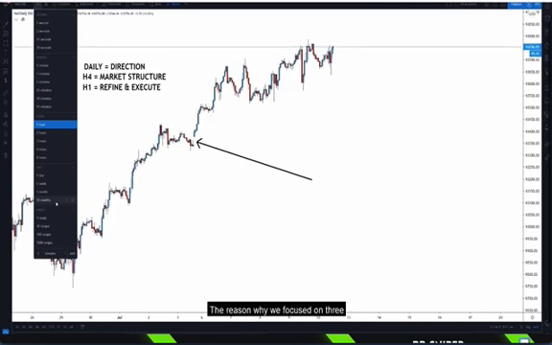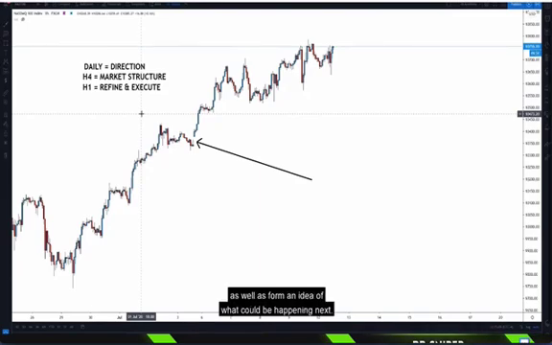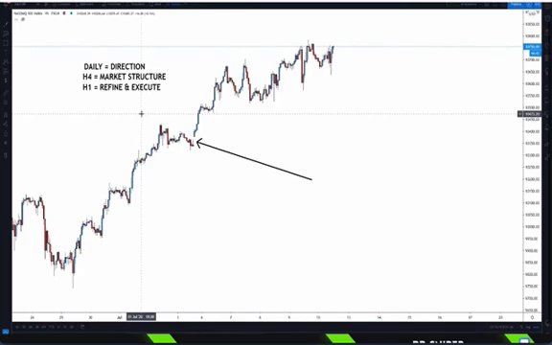The reason why we focused on 3 is because typically 3 time frames is all you need to get a clear picture of what has happened, as well as form an idea of what could be happening next. When you're using 3 time frames, you can do an analysis in about 10 to 15 minutes once you become proficient.